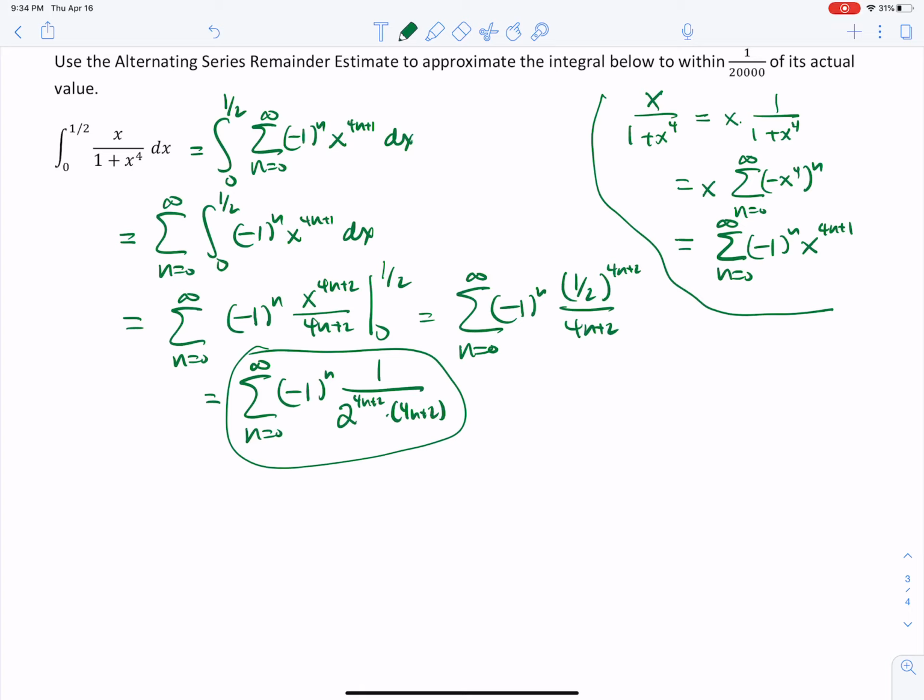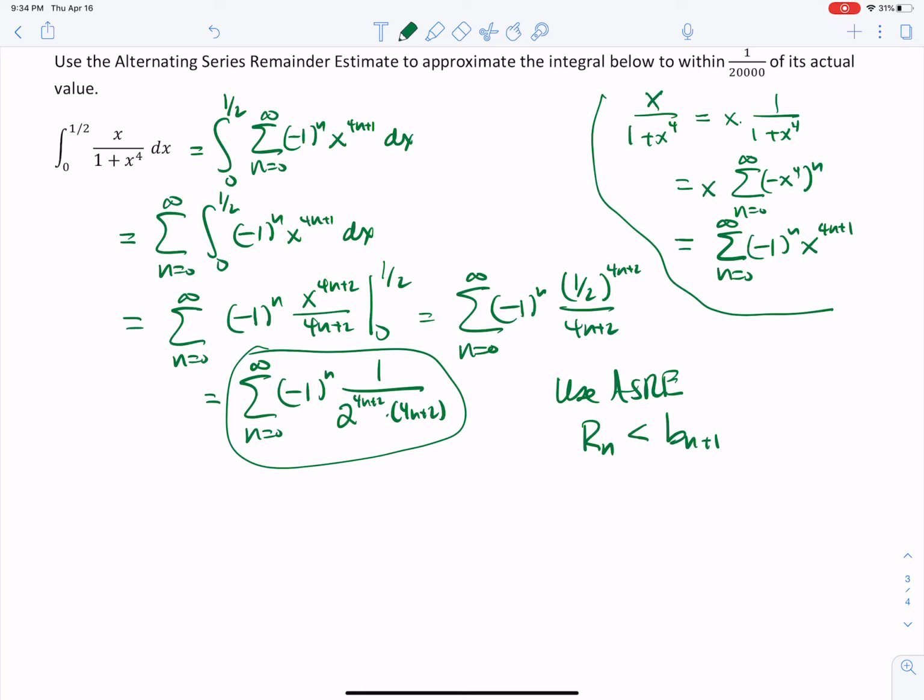Okay, well, let's remind ourselves of what we want to do. I'm going to use the alternating series remainder estimate, which says that the remainder, R sub n, is less than B sub n plus 1.